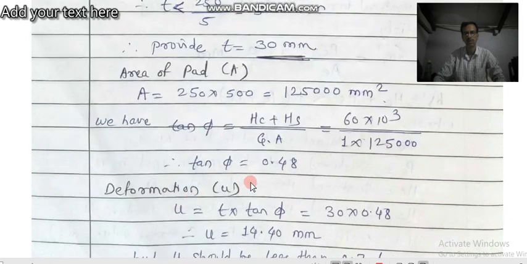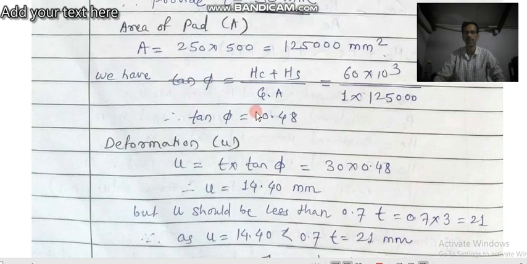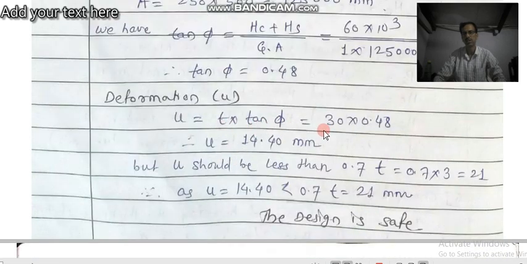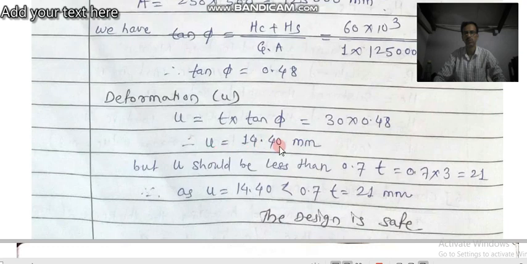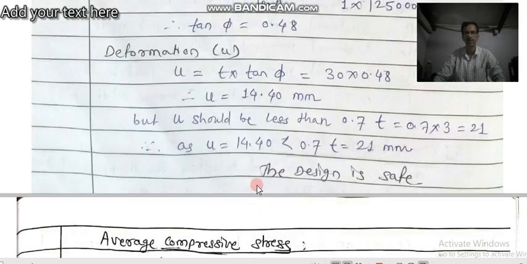Then the deformation U is equal to T tan phi, that is 30 into 0.48, so U is equal to 14.40 mm. As per the design procedure, U should be less than 0.7T. 0.7T is 0.7 times 30, which is 21 mm. Therefore, as U equal to 14.40 is less than 0.7T equal to 21 mm, the design is safe.